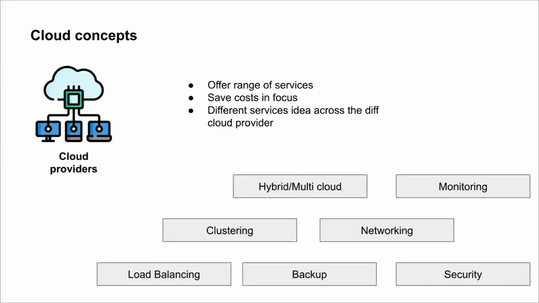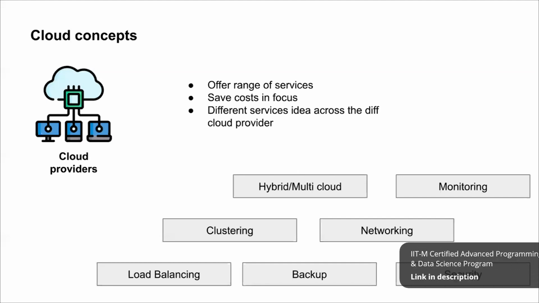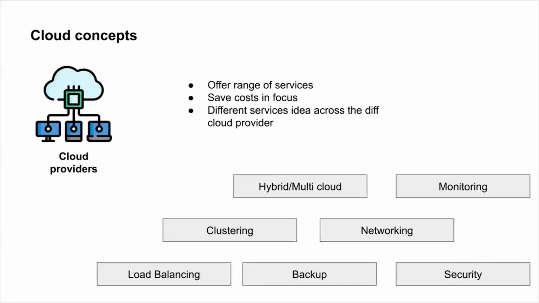So you should have an idea about how to save cost, and an idea across the different services. Suppose, in my perspective, one service is better on Google, and another service that I like is better on Oracle.